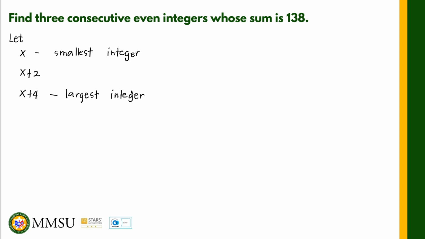What if x is the middle integer? What would the smallest and the largest be? If x is the middle, then x minus 2 is the smallest and x plus 2 is the largest. It is also possible that x is the largest.